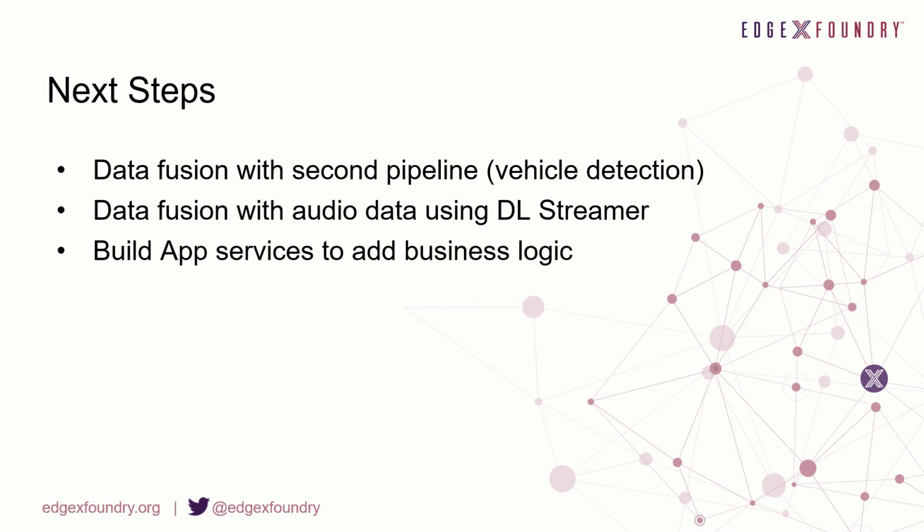Now you are fusing these two data to solve that problem. And lastly, you can build application services using the EdgeX application layer so you can add business logic to your solutions.